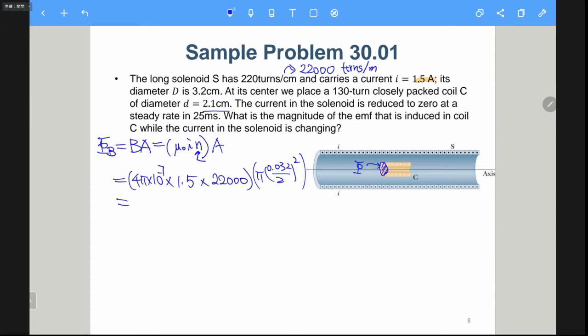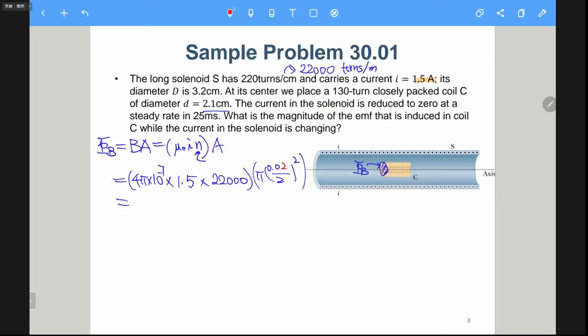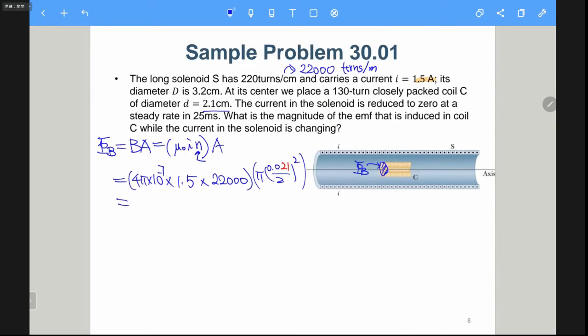Phi B refers to here, because we are considering the induced current generated in this coil C. So we should use 0.021 here. Okay, so this value should be 1.44 times 10 to minus 5th Weber.